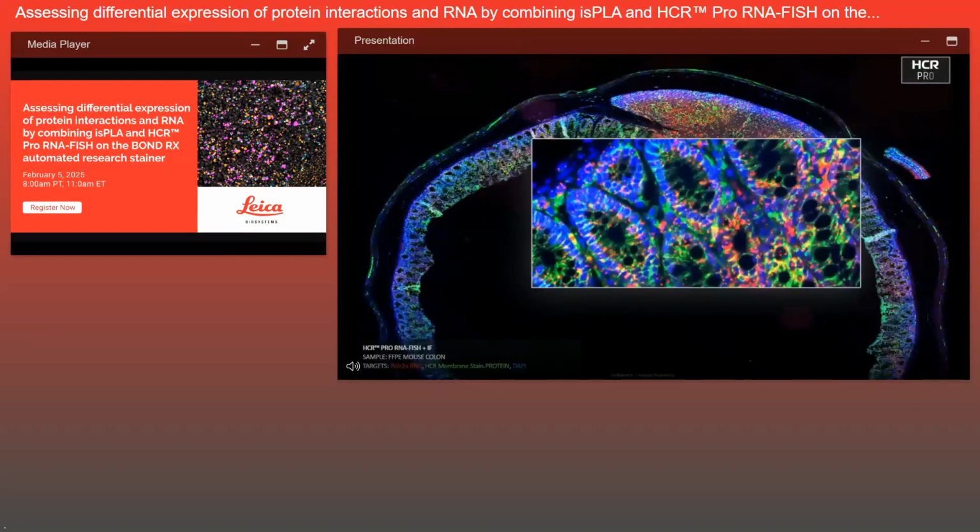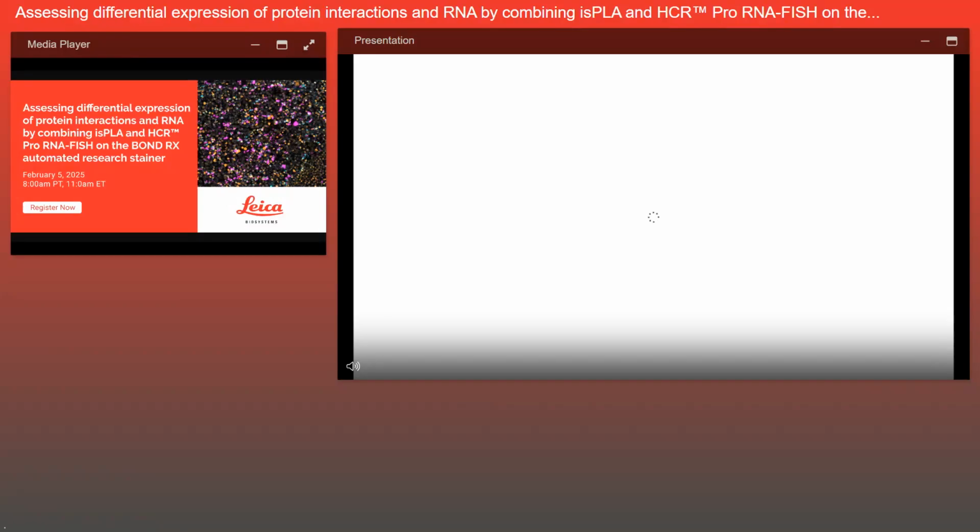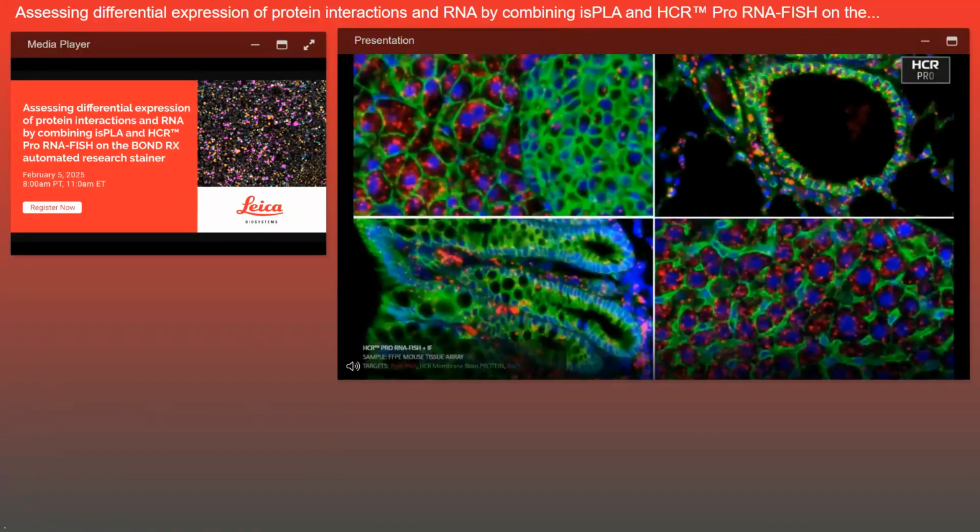This is a nice example of how they can integrate protein detection with their RNA detection. Another example of fluorescence, this is using a mouse tissue array, clockwise from the top left. This is mouse pancreas, lung, liver, and colon.